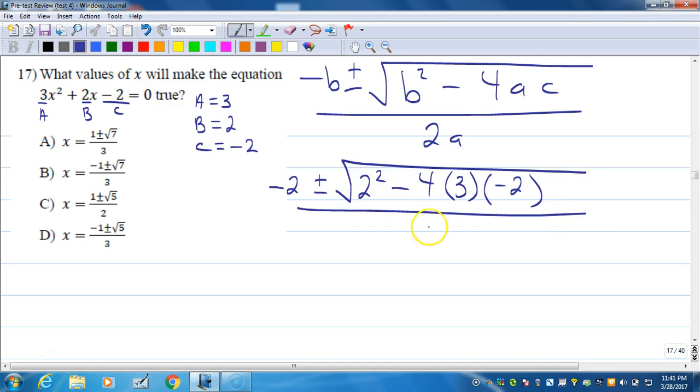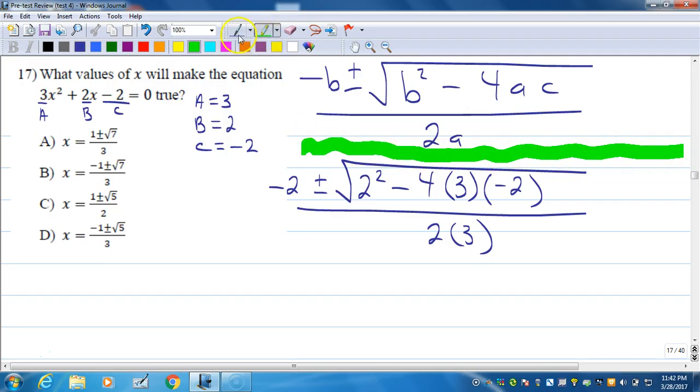All that divided by 2 times a is 3. And then we work it out piece by piece. This is still going to be a negative 2. Plus or minus square root.